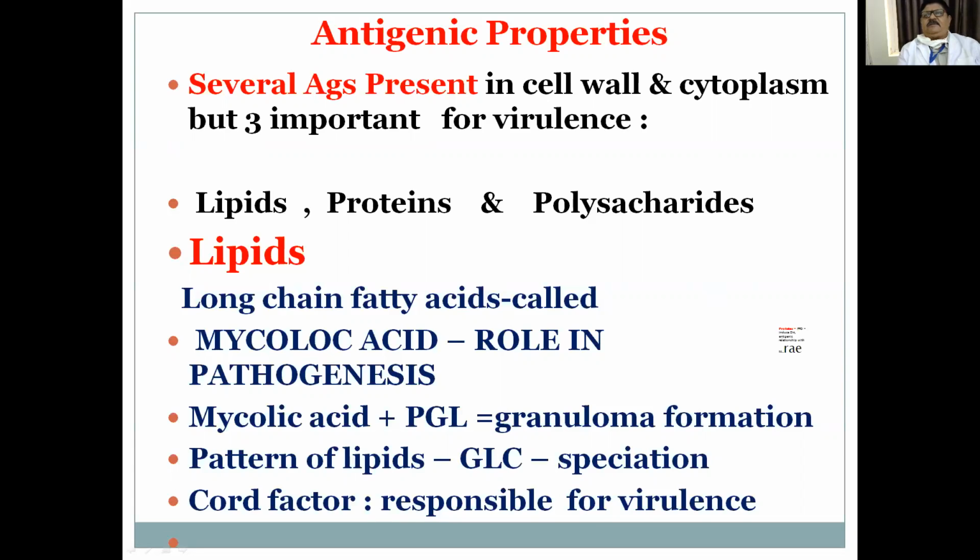Coming to the antigenic properties, as I tell you time and often, why should you learn about the various antigens? Two things. One is antigens produce antibodies. Antibodies may be protective or may not be protective. Why should we know? If we know that the antibodies are protective, yes, we can use some serum therapy.